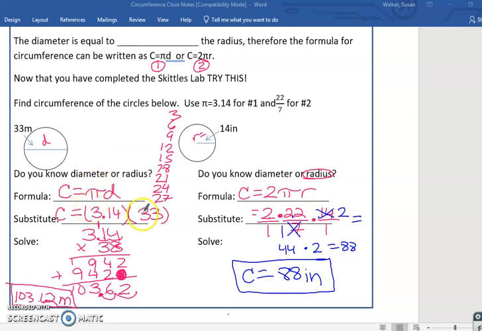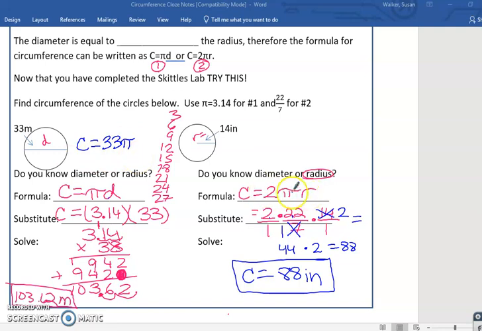So in this case, my diameter is 33. Circumference is pi times d. So to leave it in terms of pi, I would just say, oh, well, circumference is 33 pi. That's called leaving it in terms of pi.